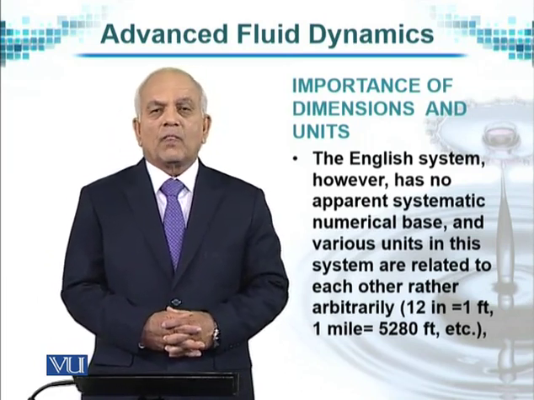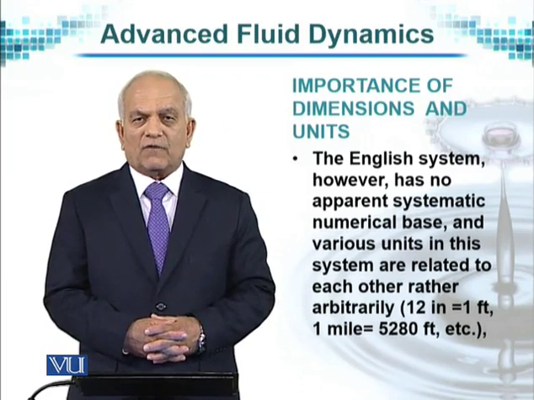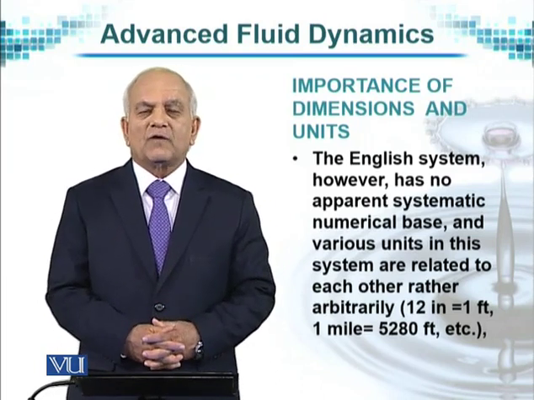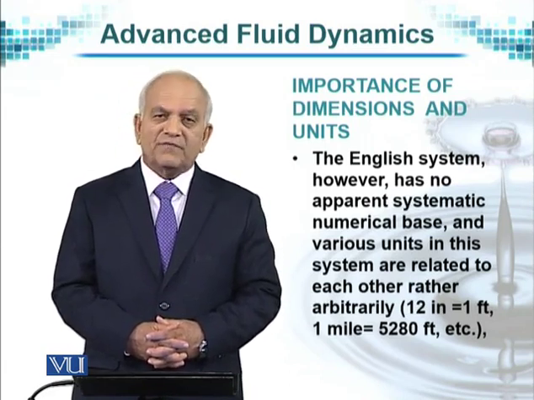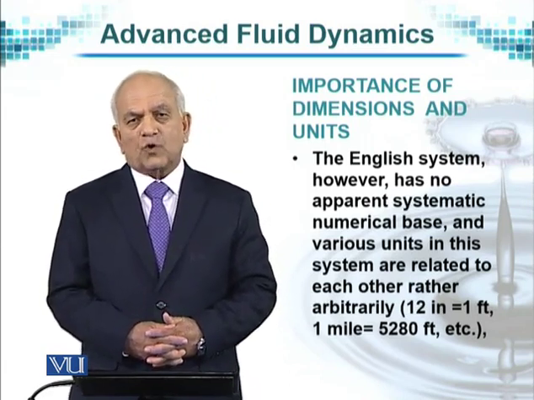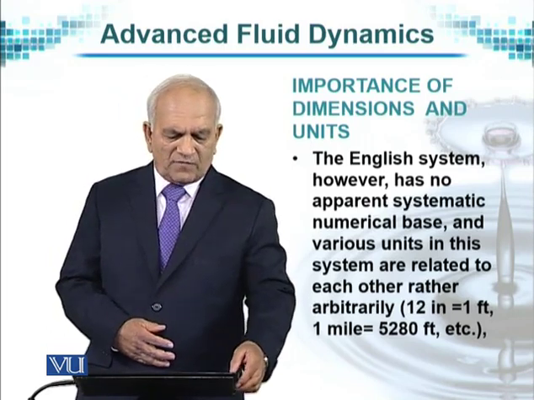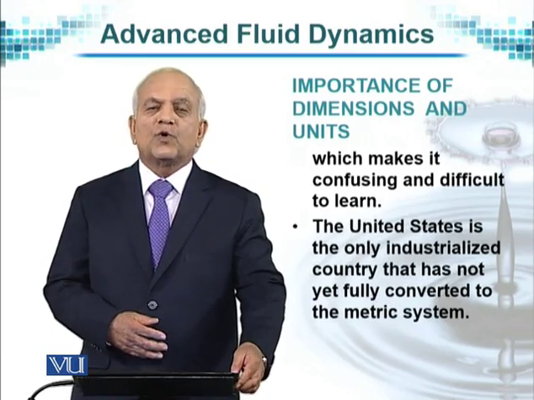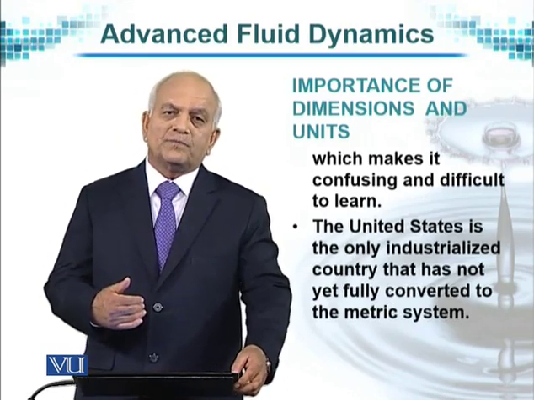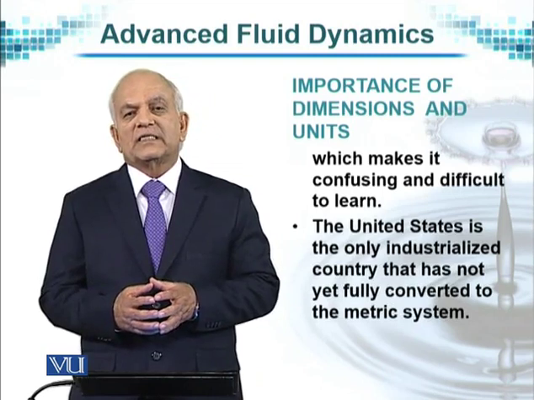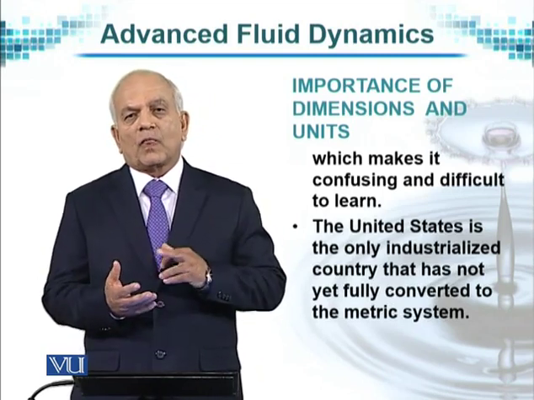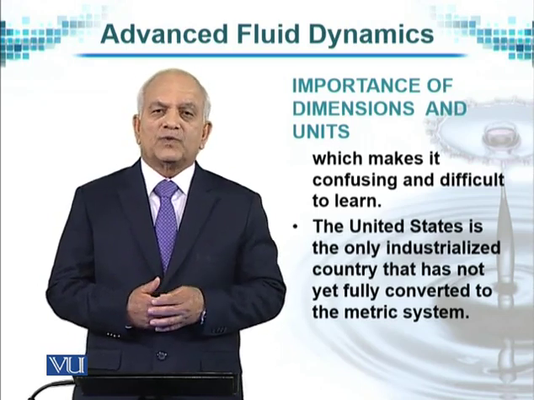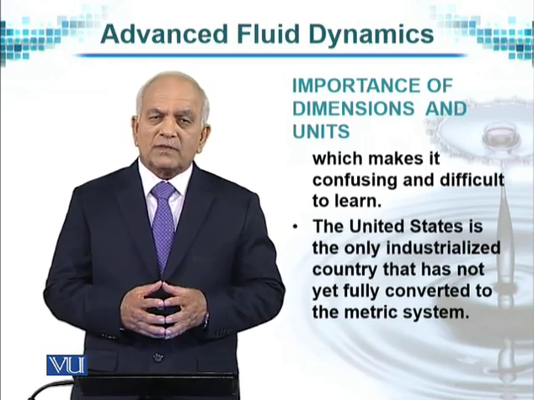For example, 12 inches make 1 foot, 1 mile is equal to 5,280 feet, and so on. And similarly, if we go to the weight side, the mass side, that also is of the same nature. In that case, you have pound and sterling and so on, but they have no basis.